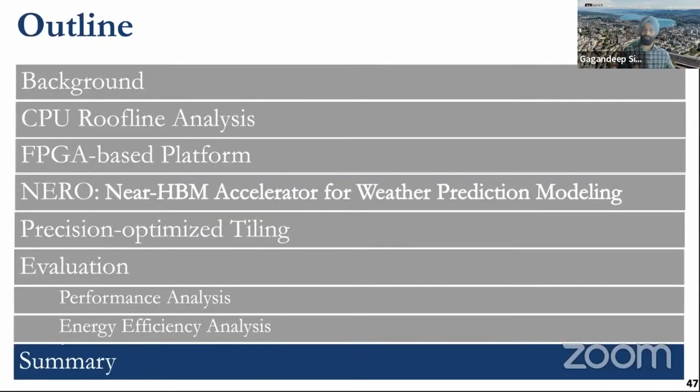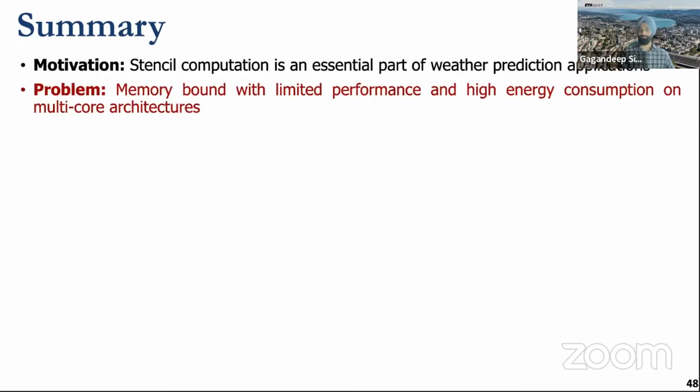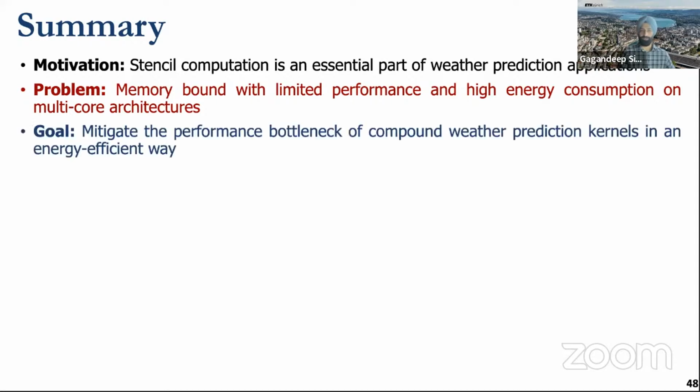I'll briefly summarize this work so we can quickly jump into the other work, which builds up on the things we learned while building the NERO accelerator. In summary, stencil computation is an essential part of weather prediction applications and many other scientific applications. But the problem with stencil computation is that it is memory bound with limited performance and has high energy consumption on multi-core architectures.